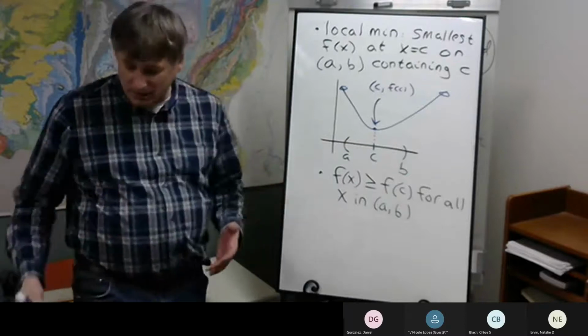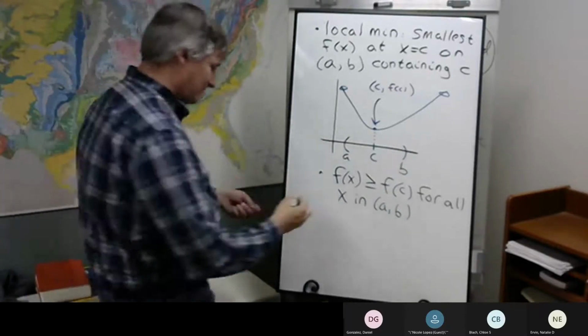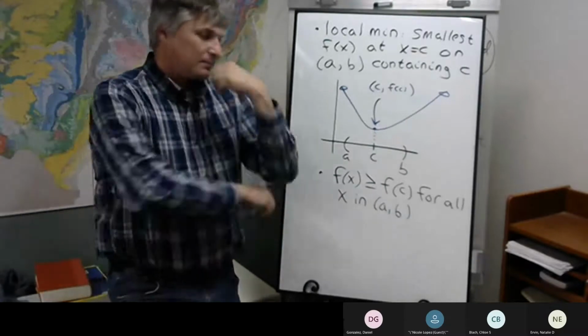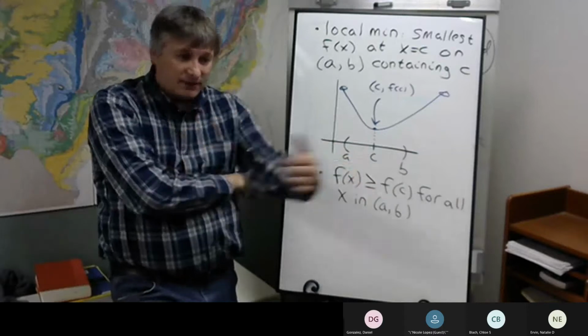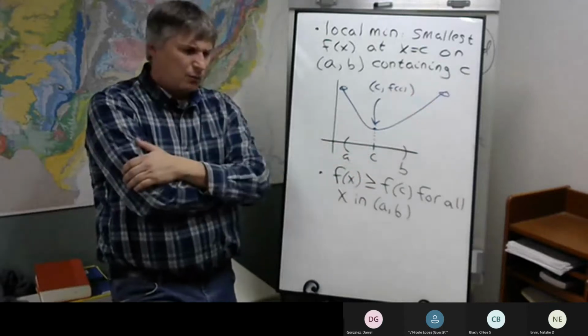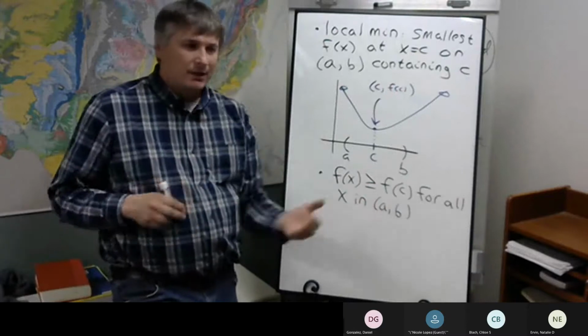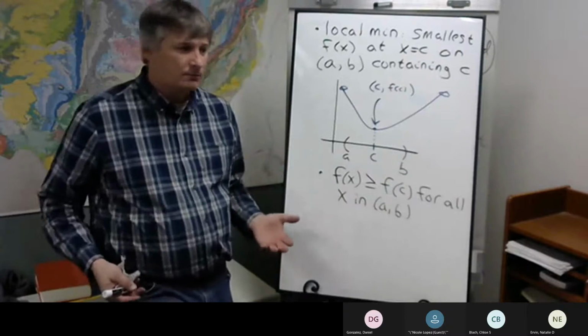So basically, when we talk about min and max, it depends on what we're focusing on. So give me a second to write that down. We could ask about the minimum and maximums of a function over the entire domain. We could ask about the minimums and maximums on the closed interval, and we can ask about the minimums and maximums on an open interval.